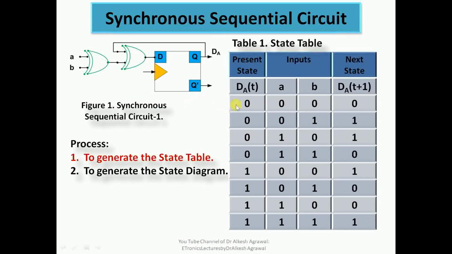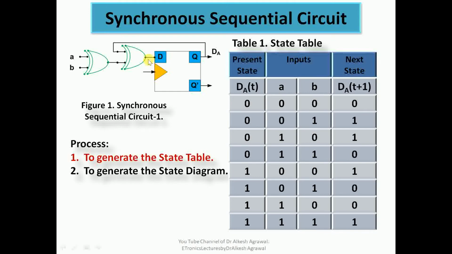So in this particular slide, you can see we have this synchronous sequential circuit, and this is the design of a state table. In the state table, we have different columns. In the first column, we have the present state of this D flip flop, the external inputs that we are giving in terms of A and B, and the next state.